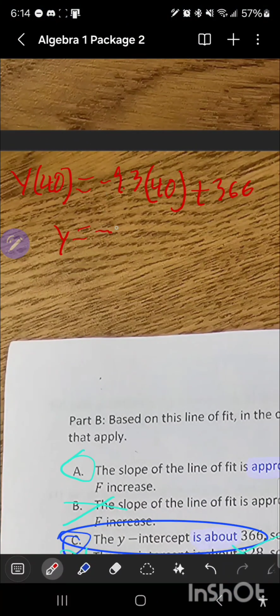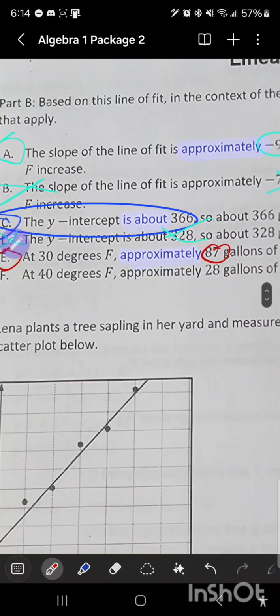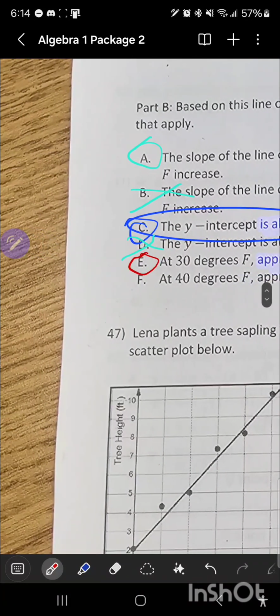So it will be negative 372 plus 366. Now we are going to keep the sign of the bigger one and subtract each other. The bigger one is 372 and it is negative, so we keep the sign. And we say 372 minus 366 is 6. So our answer is negative 6. And as you can see here, it's not even nearby 28. So this is false.